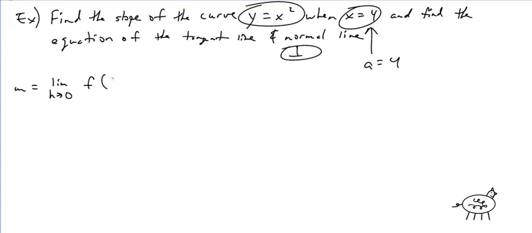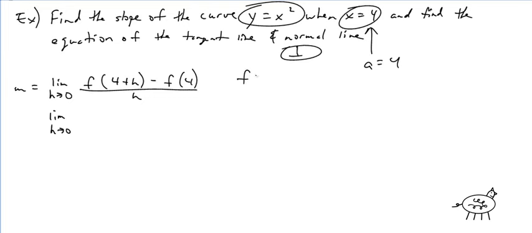So f of 4 plus h minus f of a, minus f of 4, all over h. I keep writing limit as h approaches 0. Then I'm going to take that 4 plus h and stick it right in that equation.